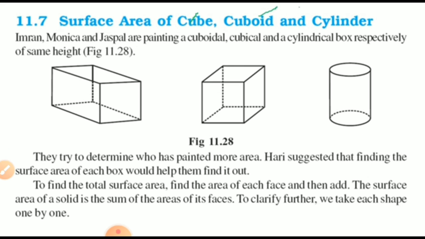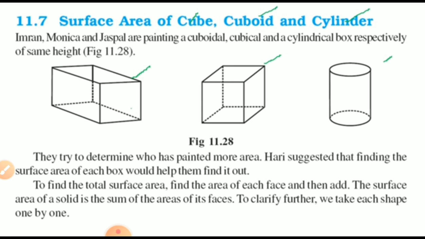Now surface area of the cube, cuboid and cylinder. We now know what a cube, a cuboid and a cylinder are. Surface area, students, is nothing but the outside surface of the particular solids. We just discussed that a cube and cuboid have 6 surfaces, 6 faces.